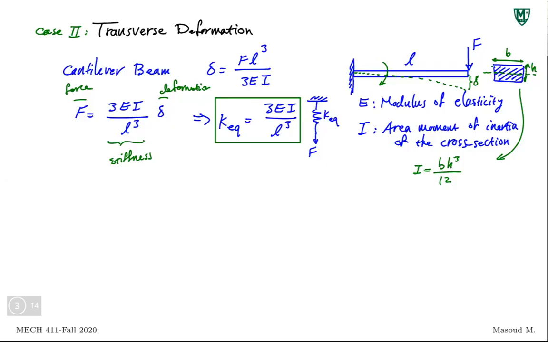I'm going to show you an example later on about this case. So the whole system cannot be modeled as a spring with this stiffness. A cantilever beam with a force applied to the tip, where we're looking at deformation on that tip, can be modeled using this approach. If we were looking at deformation at any other point, the stiffness would have been different.